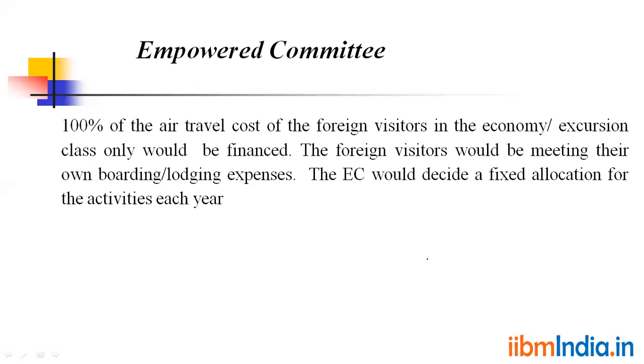Clear? So in case of the empowered committee, only air travel cost will be provided to you. That is maximum 100% in the economy class only. And the EC would decide a fixed allocation for the activity each year.